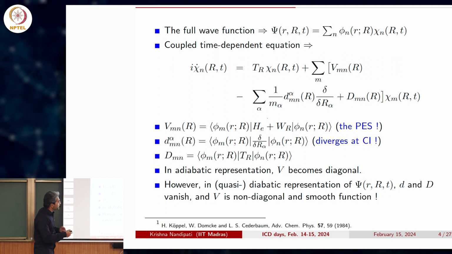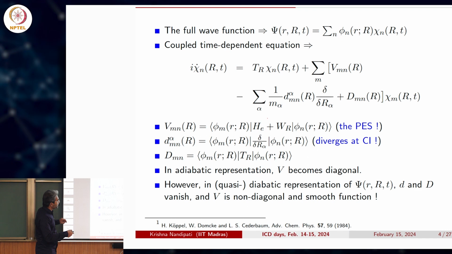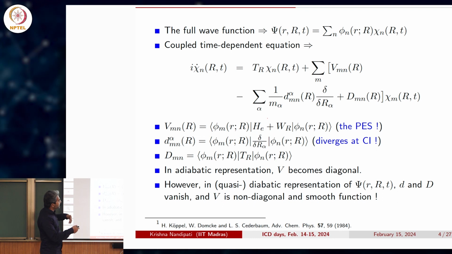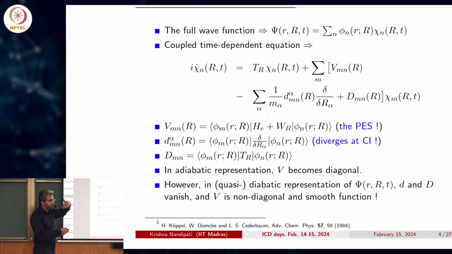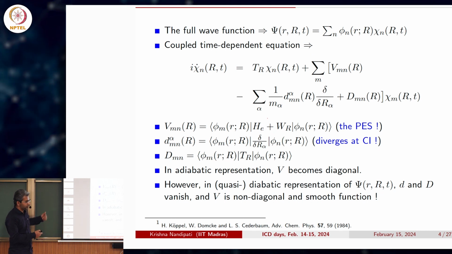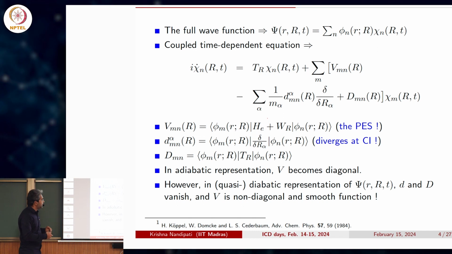These are the couplings due to the kinetic energy term in the Hamiltonian, and since they become singular here, we would like to transform them away, and then the couplings reappear as coordinate dependent couplings when you make this transformation. And this is easy to deal with numerically, because there will not be any singularities.